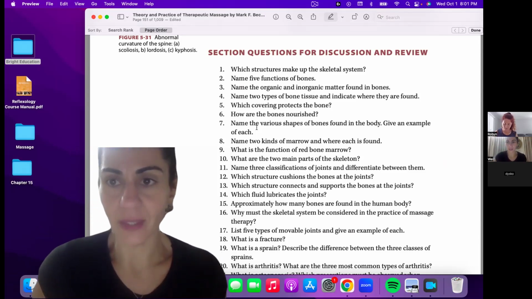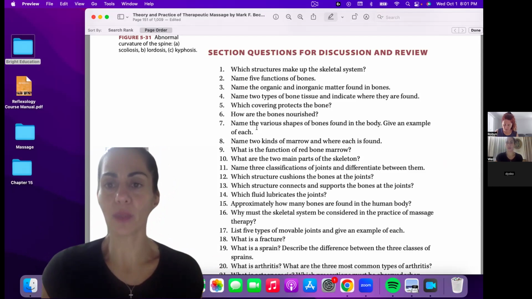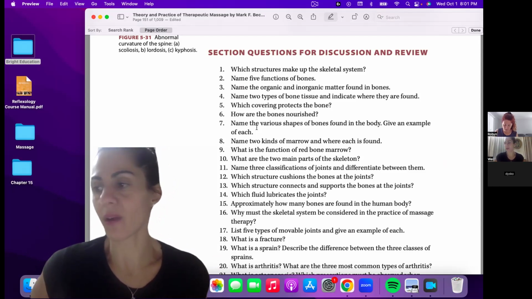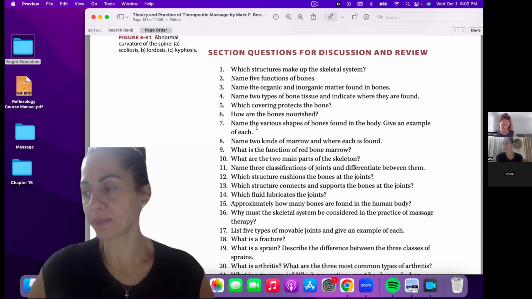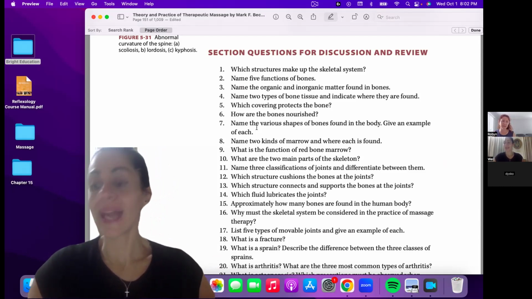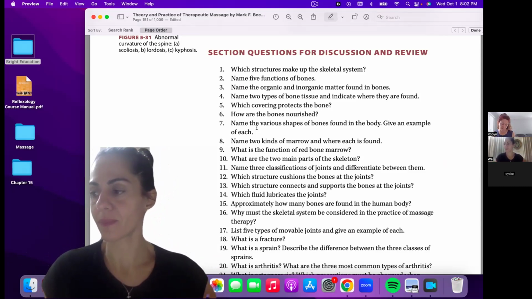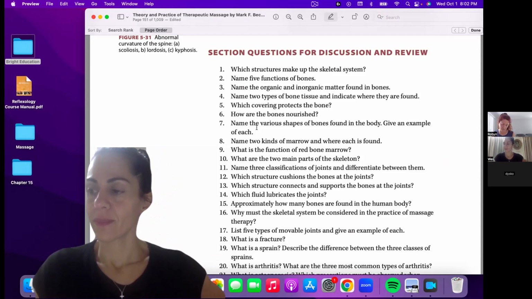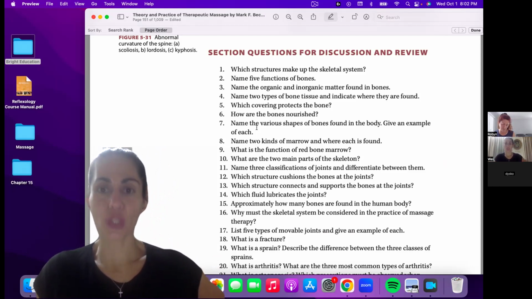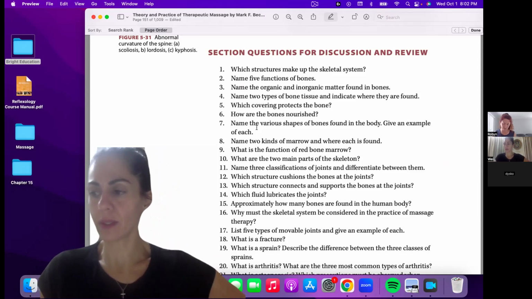Okay, what do we have left here? Number 4, name two types of bone tissue and indicate where they are found. Name the organic and inorganic. So the organic would be what? The fibroblasts. Osteocytes, right? Which are the bone cells.